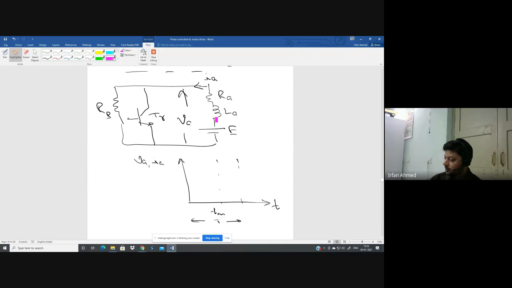Current will flow from back EMF, armature inductance, resistance, TR, and back to E. No current will flow through the braking resistance RB. Correct?